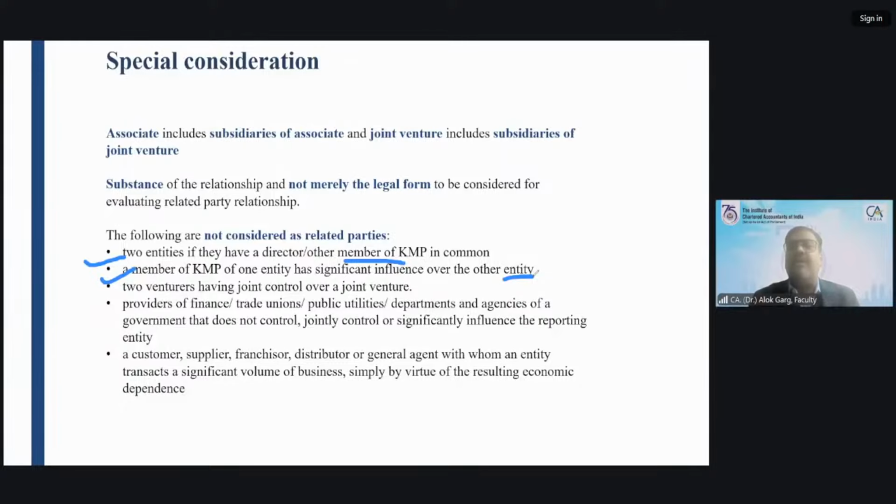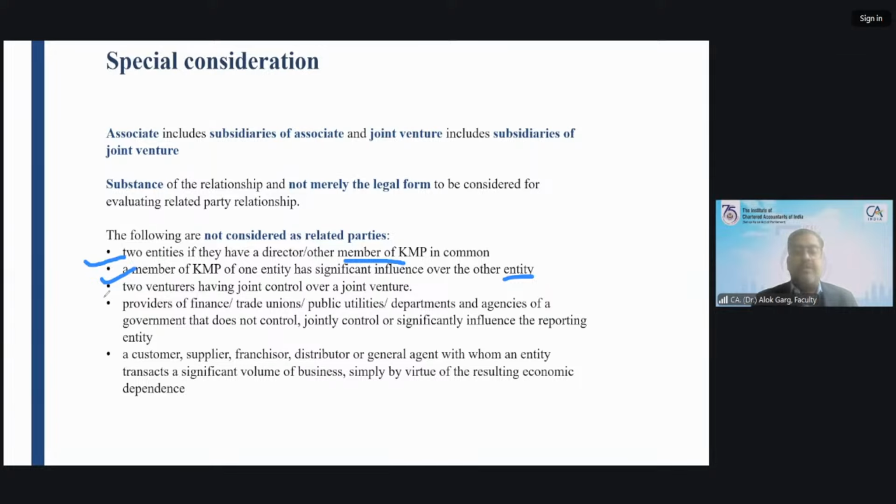So X and Y will not become a related party. Okay, clear? But let's say Mr. X has a joint control over X Limited and Mr. X has a significant influence over Y Limited, then X and Y Limited will become a related party, right?